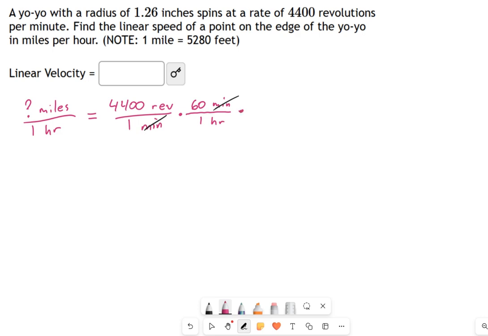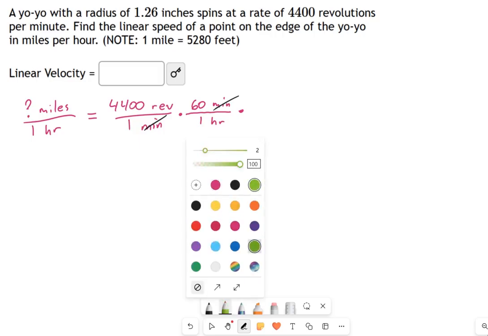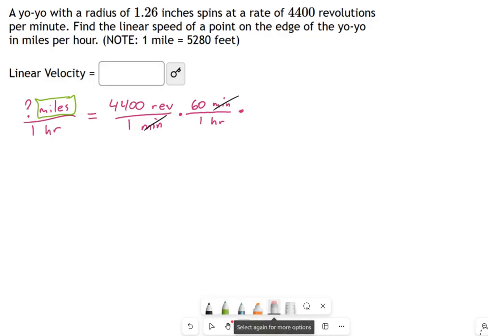Then I need to do another multiplication, and I need to address this problem over here. I want this revolutions to turn into miles. Okay, I don't want revolutions per hour. I want miles per hour. So let's see how we can do that. What I need to do first is put revolutions on the bottom of a fraction, okay, to cancel it out. So 1 revolution. Well, how far around is 1 revolution?